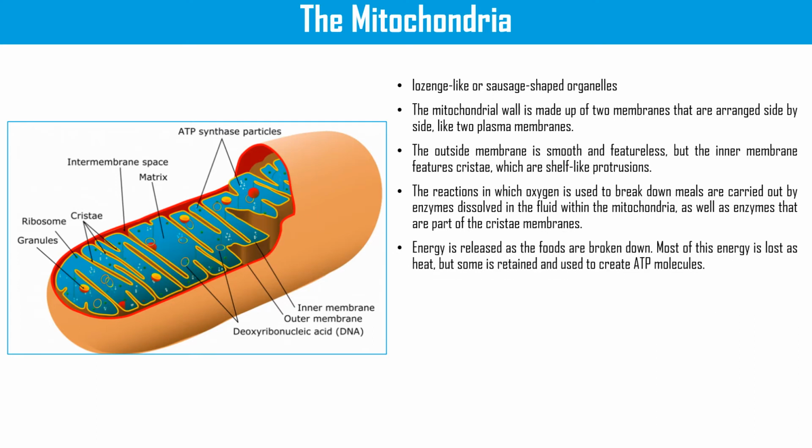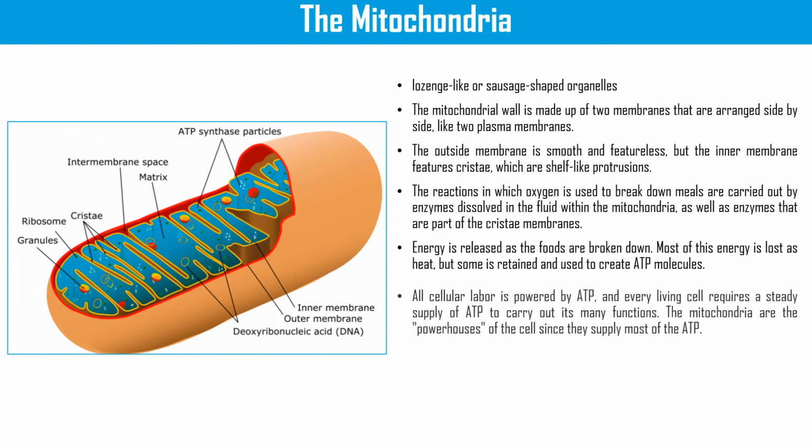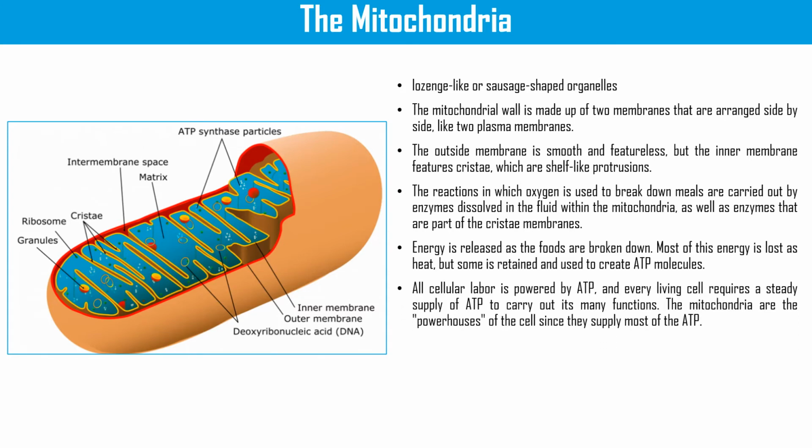Energy is released as foods are broken down. Most of this energy is lost as heat, but some is retained and used to create ATP molecules. All cellular labor is powered by ATP, and every living cell requires a steady supply of ATP. ATP stands for adenosine triphosphate.